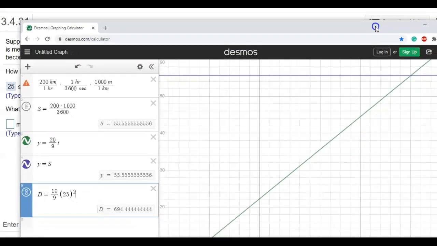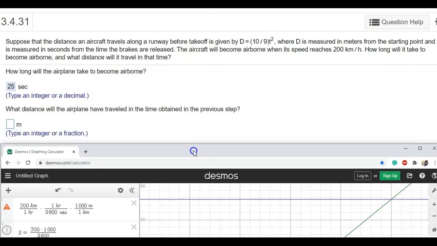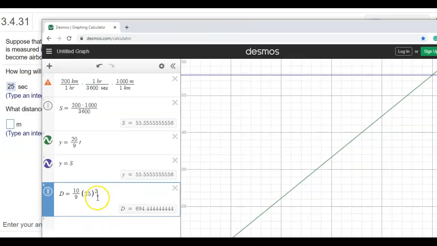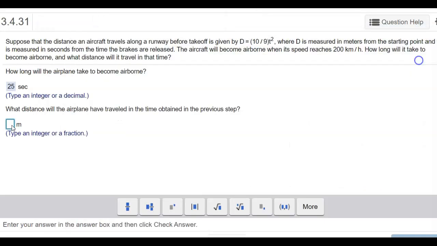So there is my answer. It's given to me in a decimal approximation, and it wants an integer or a fraction. So you just square this. That's 625. And then 625 times 10 is going to be 6250. And just notice we keep getting that 69.444. So there's our number, 6250 over 9.